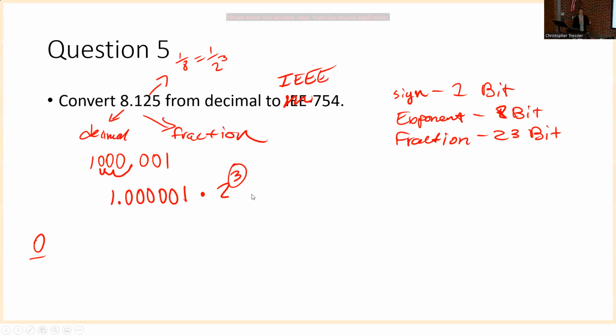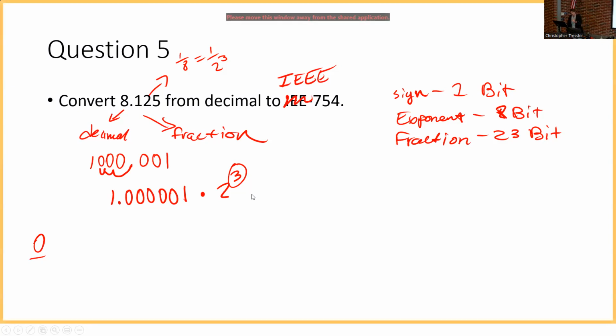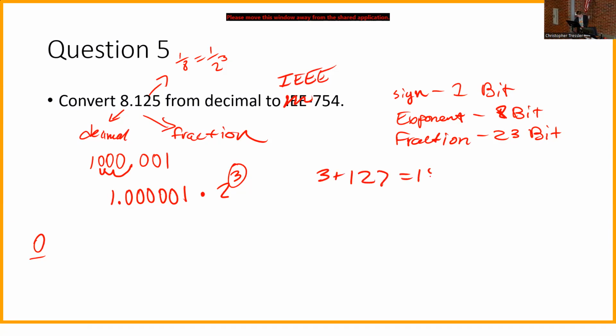That way you can do negatives as well as positives and still represent it by a positive number. So we take 3, and our exponent is 3 plus 127, which is equal to 130. And then 130 is what's going to be in our 8-bit exponent field.